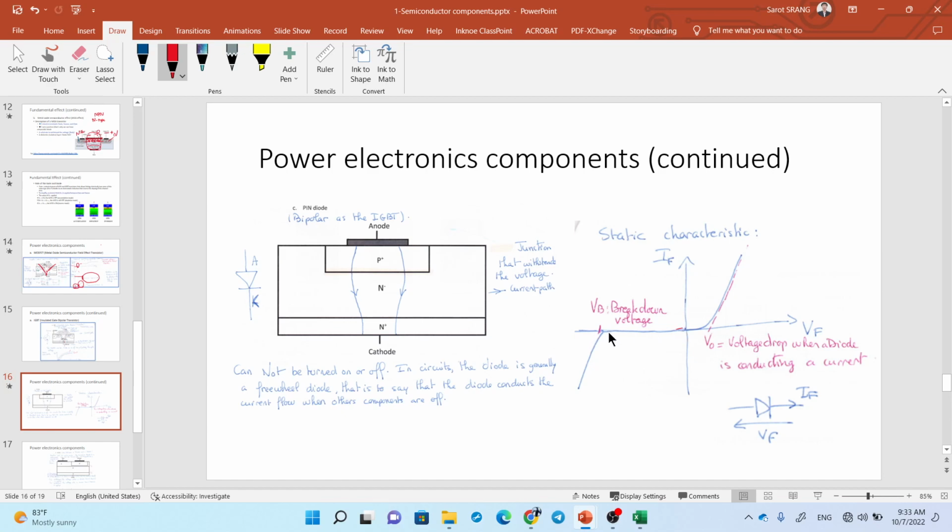This is negative voltage. It cannot allow current to flow, but if you supply too high a voltage, you break it. You break it means it does not function as a diode anymore, but it's just a normal conductor, or maybe you can burn it out, so it loses all the properties of a diode and becomes just a normal conductor. You got it?